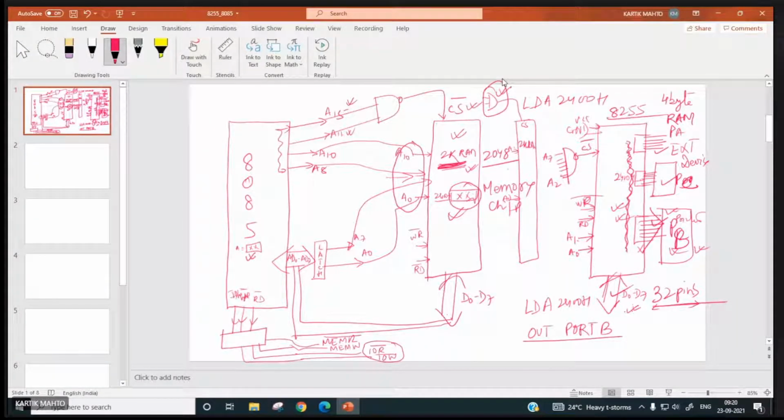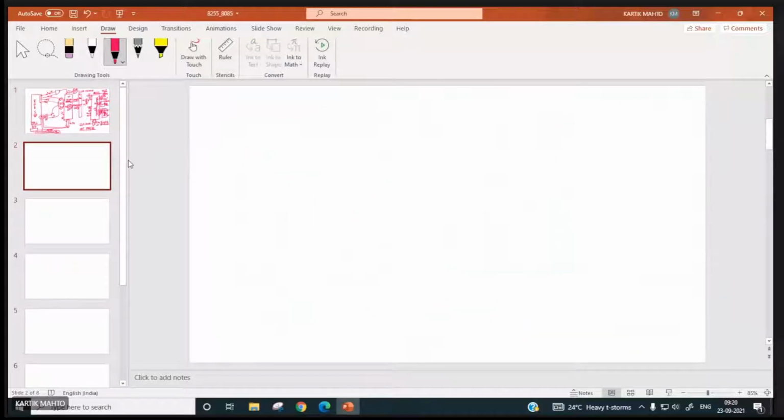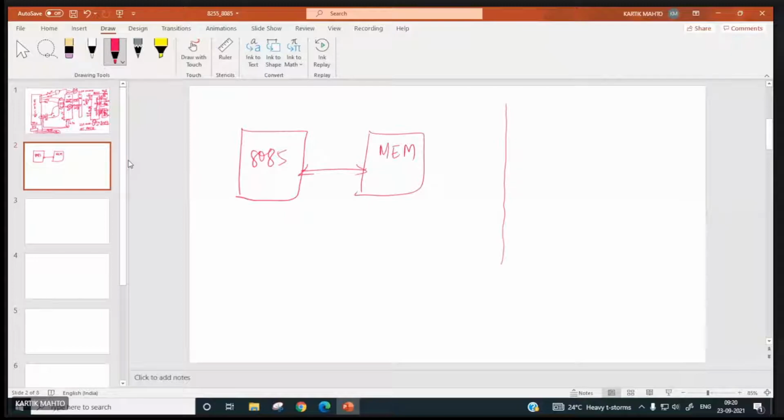Now I'm going to explain what are the different devices which will be connected to these pins. If suppose processor is there, 8085, and here we have memory. So it is interfaced with this. Next. Here we have 8255.